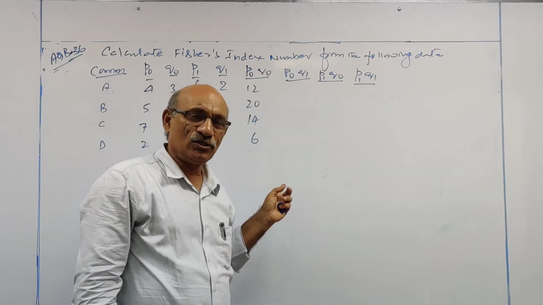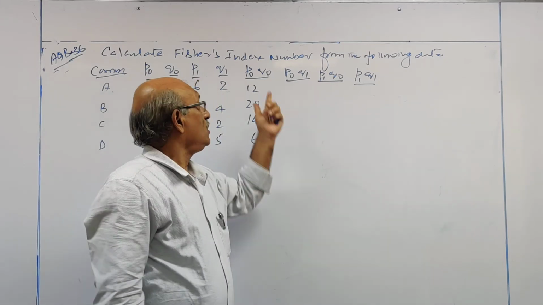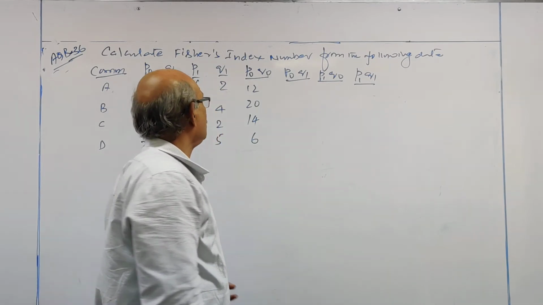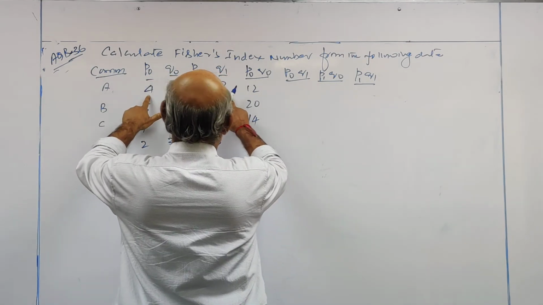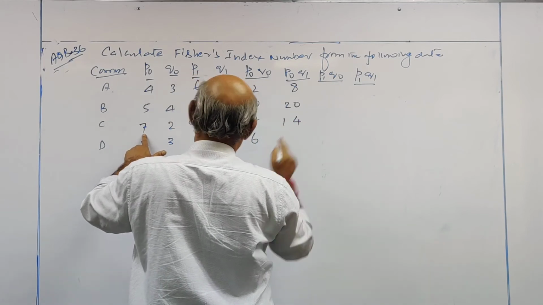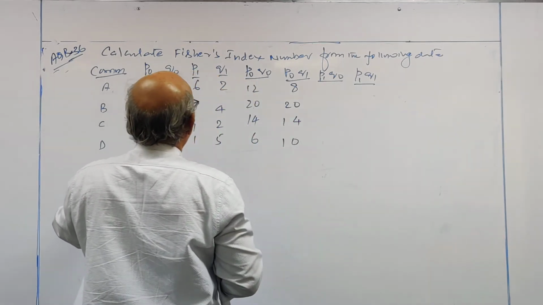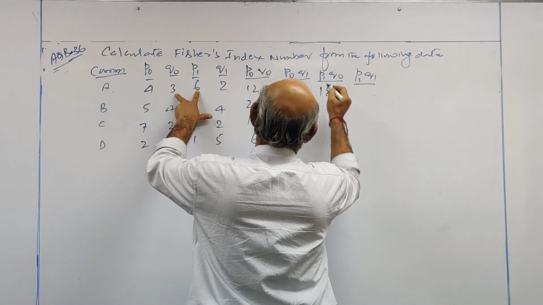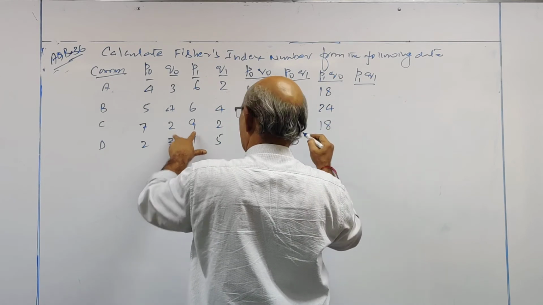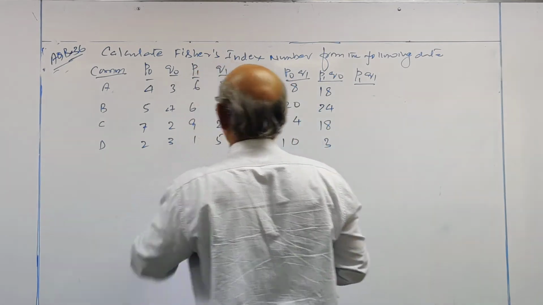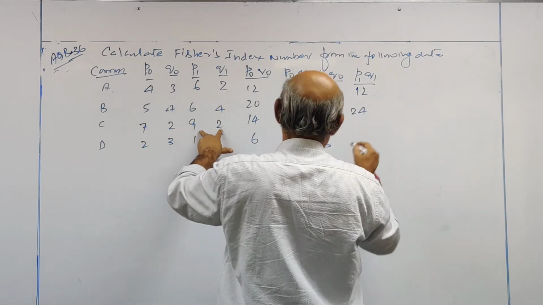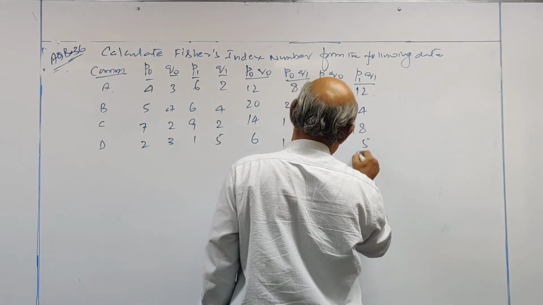Since I am explaining the question to you and I am preparing the solution, I am following the traditional approach. P0 Q1: 4 2s are 8, 5 4s are 20, 7 2s are 14, this is 10. P1 Q0: 3 6s are 18, 4 6s are 24, 2 9s are 18, 3 1s are 3. P1 Q1: 6 2s are 12, 6 4s are 24, 9 2s are 18, 5.